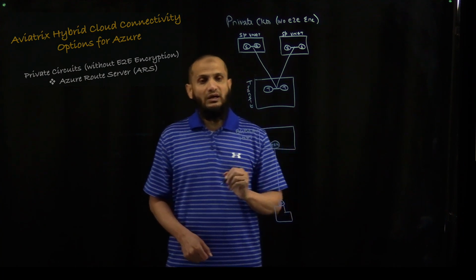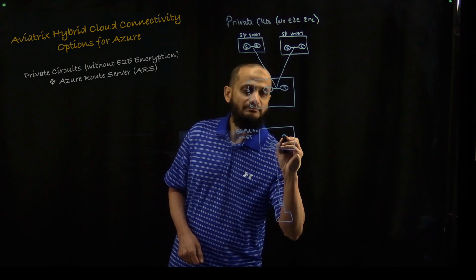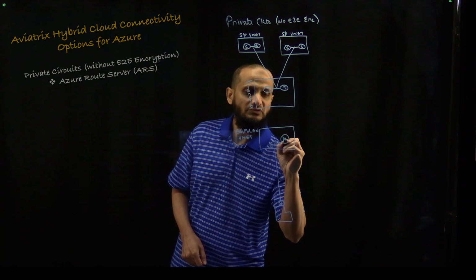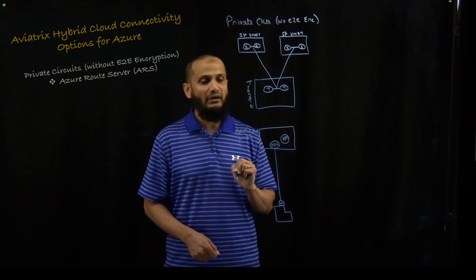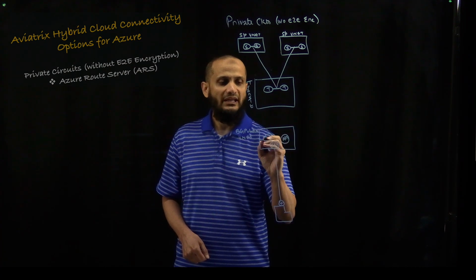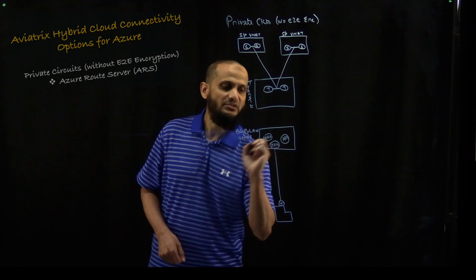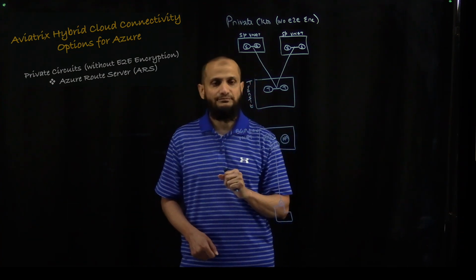We are going to utilize the Azure Route Server over here as well. So I'm going to just write ARS, since ARS are always going to be deployed in high availability. So ARS1 and ARS2, two ARSs over here.